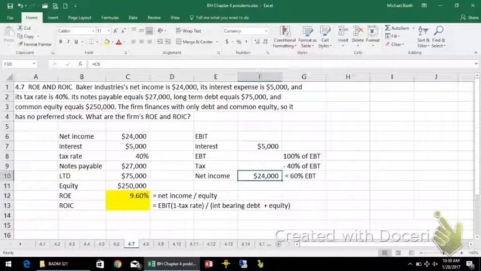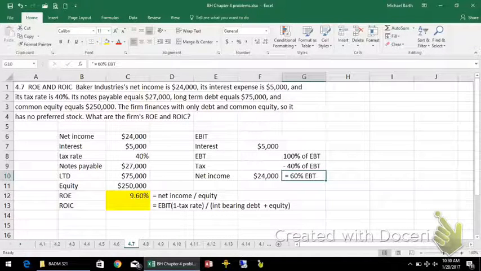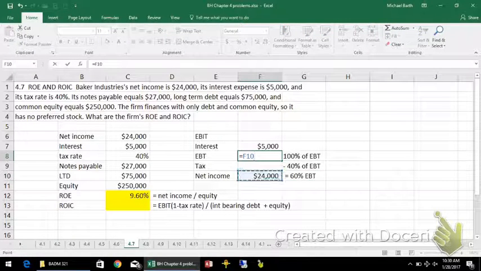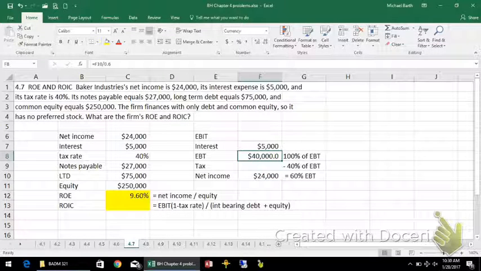So $24,000 net income is 60% of what we started with. So if I simply divide that number by 0.6, I know that I must have had $40,000 of taxable income.